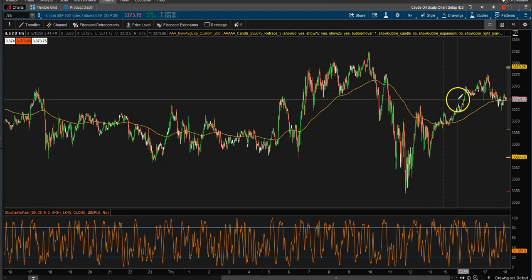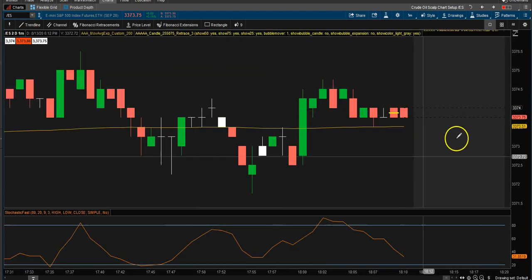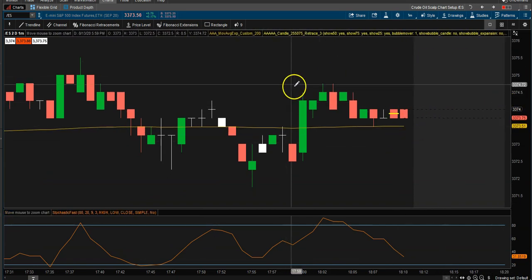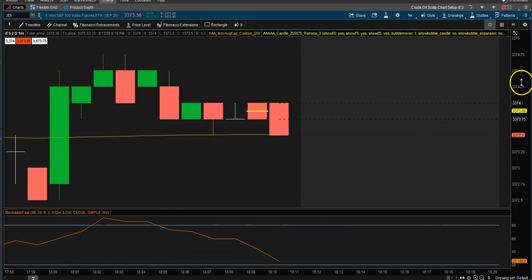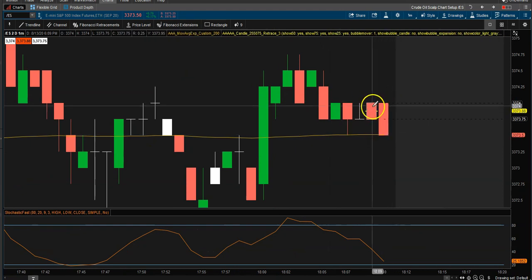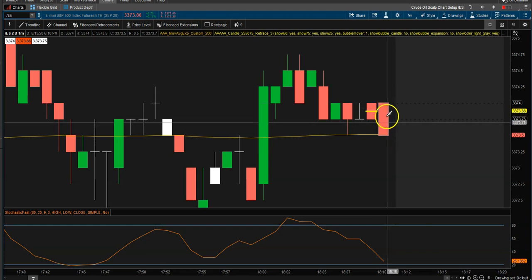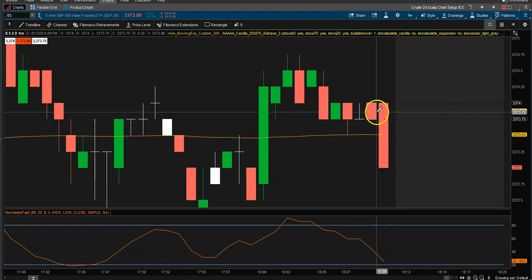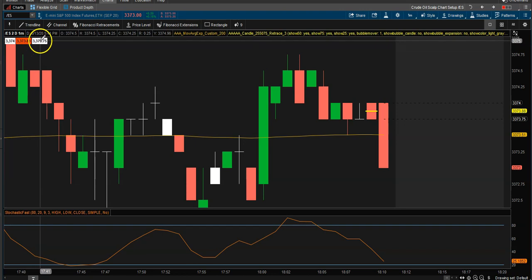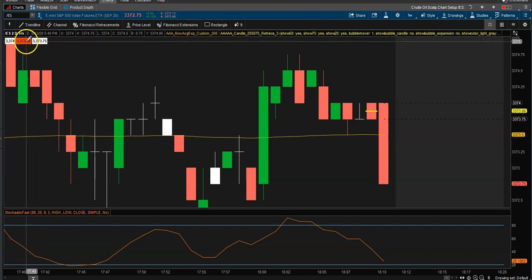This code, if we zoom in here, okay, if you've watched any of my videos, I actually have a couple of codes that are in this. This is the previous candle. This is our current candle that's being formed right here. What this code does is it gives us the high and the low, and then also the 50% of the previous candle.